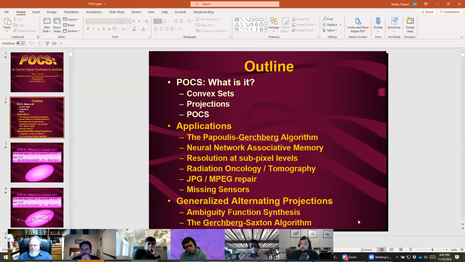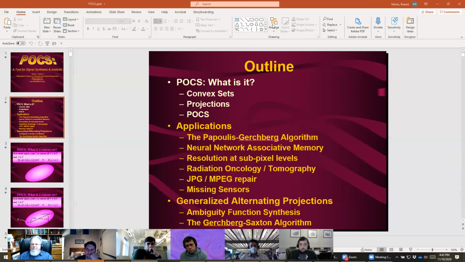They used the Gerchberg-Saxton algorithm to correct this flaw in the Hubble telescope mirrors. And we'll discover exactly what they were doing there. Currently, in Dr. Bayless's work, we're using the Gerchberg-Saxton algorithm to synthesize radar signals with certain interesting properties. So this will be a very interesting area.